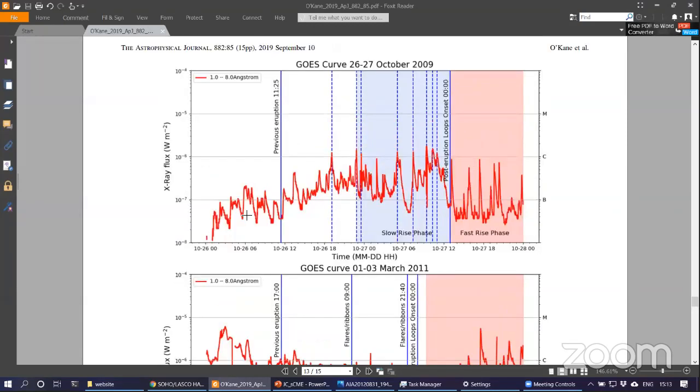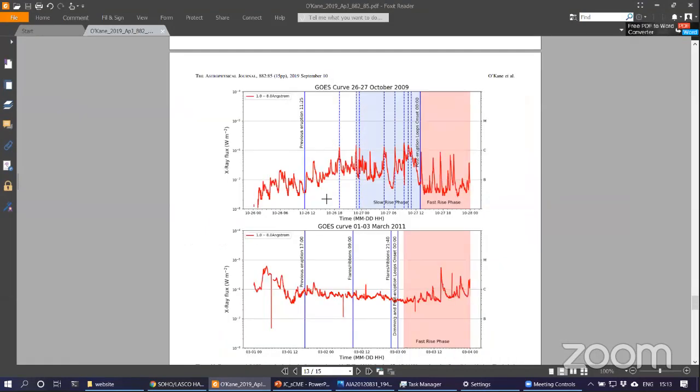So you can see that during the complete profile of these two eruptions, there wasn't much change in the X-ray intensity. At most C class flares, which we talk about for most of the CMEs, so there wasn't much activity going on which could be associated with a flaring active region for both the cases.